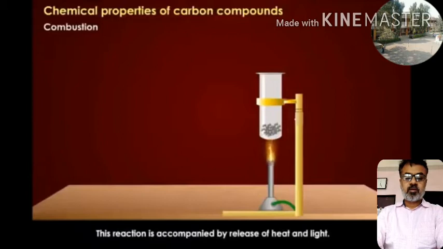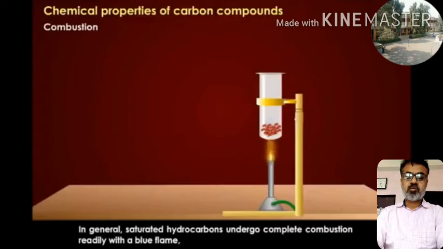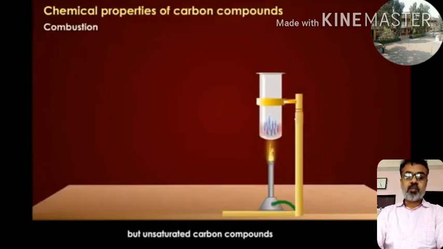In general, saturated hydrocarbons undergo complete combustion readily with a blue flame. But unsaturated carbon compounds do not get oxidized completely and burn with a luminous yellow and sooty flame.